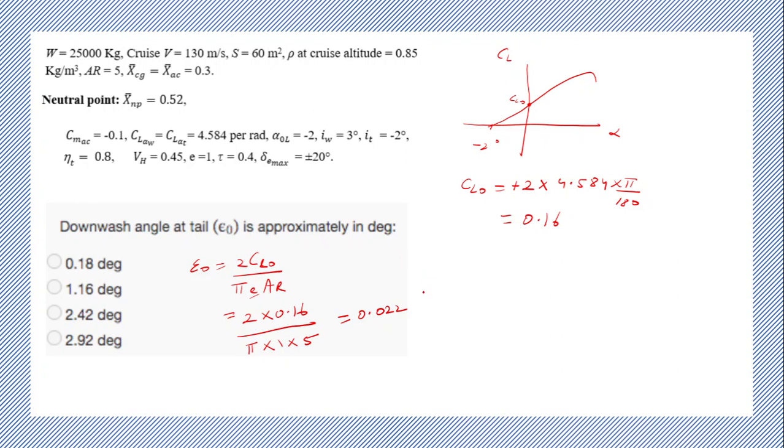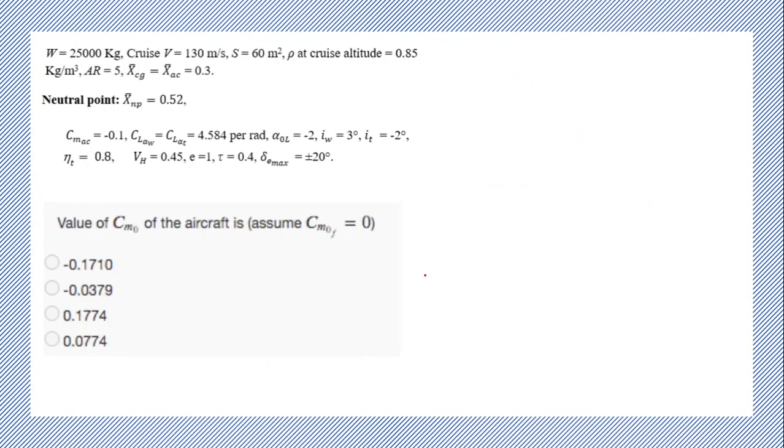And this is in radians. So both those equations, epsilon naught and d epsilon by d alpha, are valid when all the terms are in radians or per radians. So this value gives you radians. They've asked you in degrees. When you convert it, how much do you get? 1.16, if I'm not wrong. 1.16 degrees. Correct? Okay. Go to the next question.